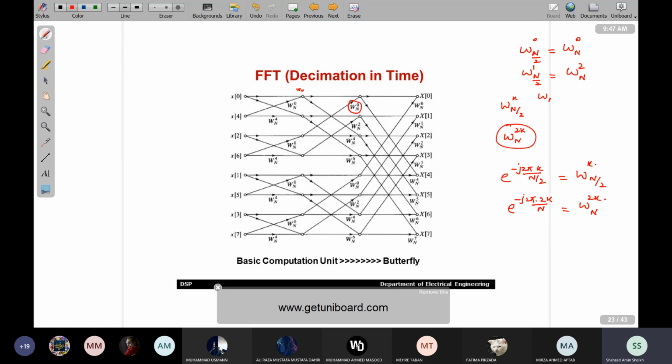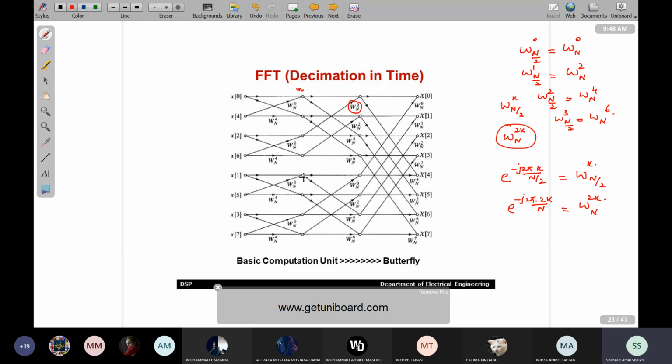The next term is W_{N/2}^2, which is equal to W_N^4. And the next term is W_{N/2}^3, for k equal to 3, which is equal to W_N^6. And then again the repetition of W_N^0, W_N^2, W_N^4, W_N^6.